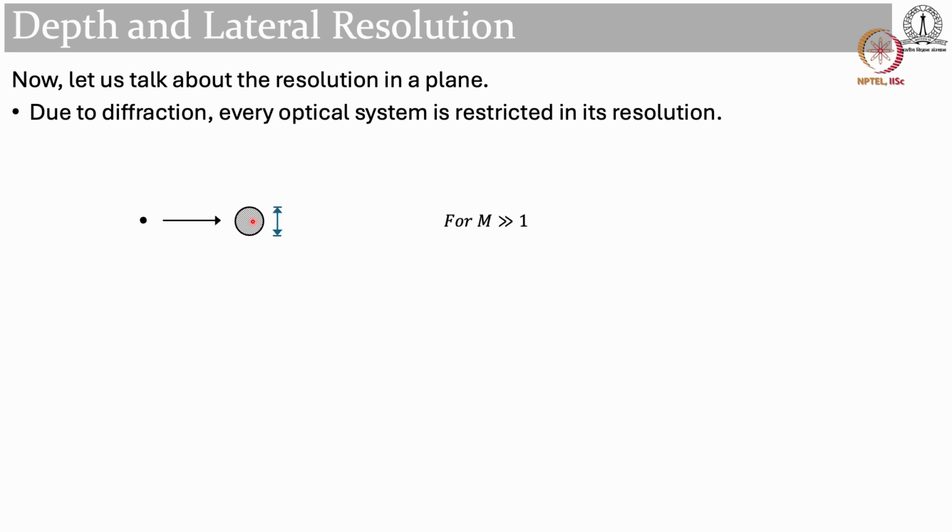For an optical system with a magnification greater than 1, you can define the diameter of this spot size function approximately as ds = 2.44 M λ / (2 NA), where M is the magnification of the system objective and λ is the wavelength of the light.